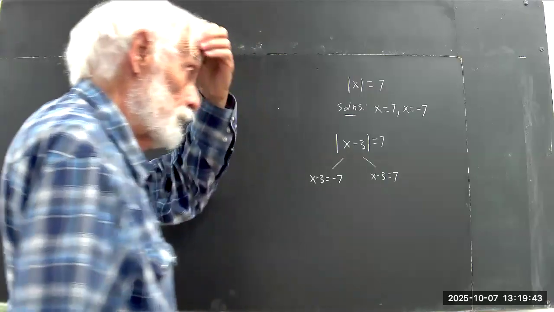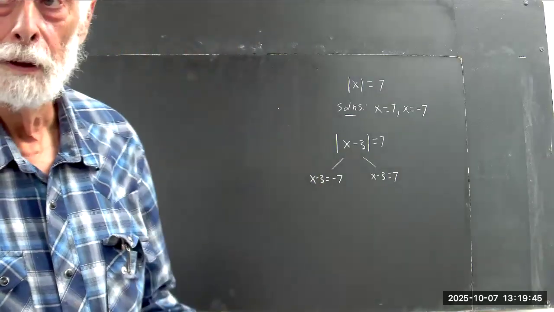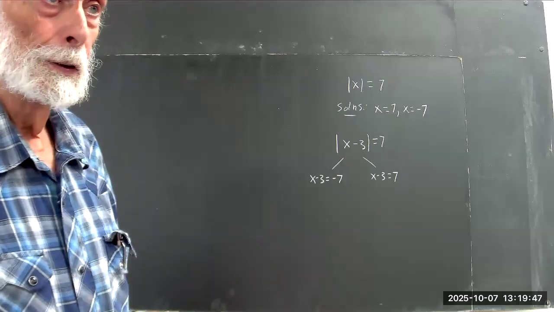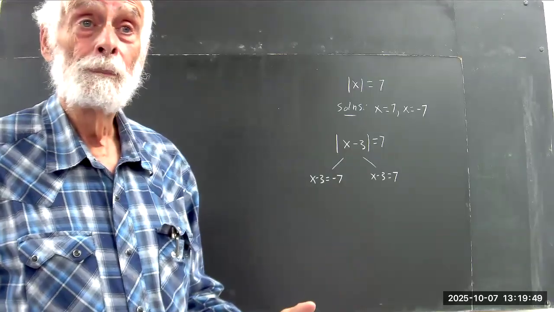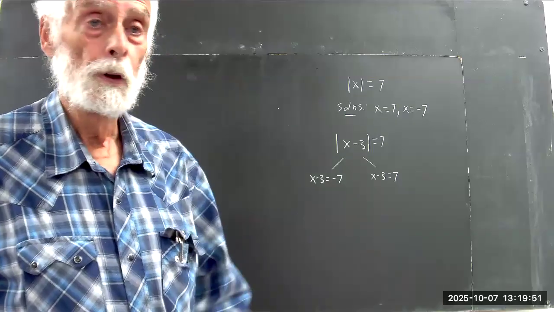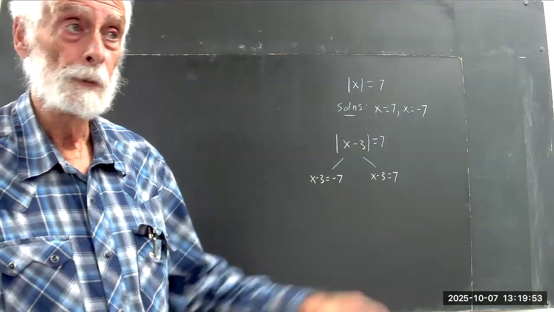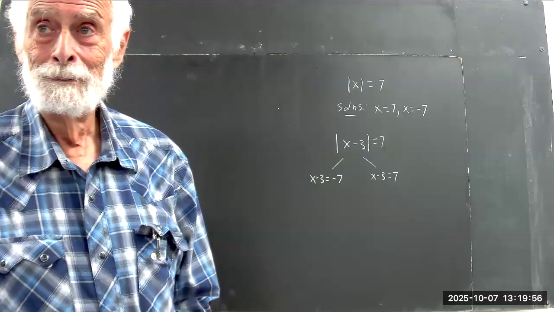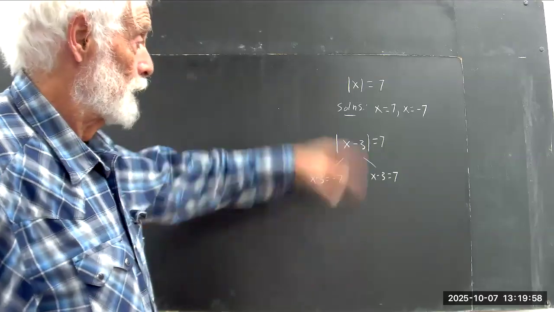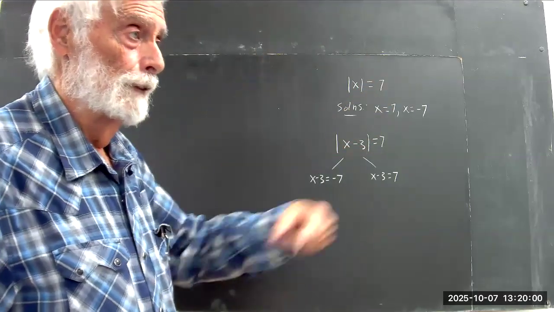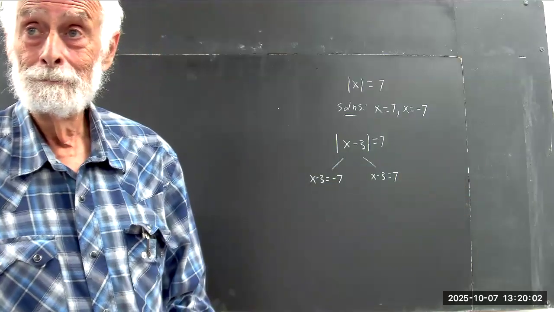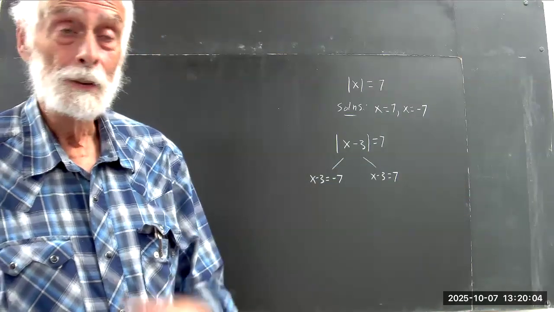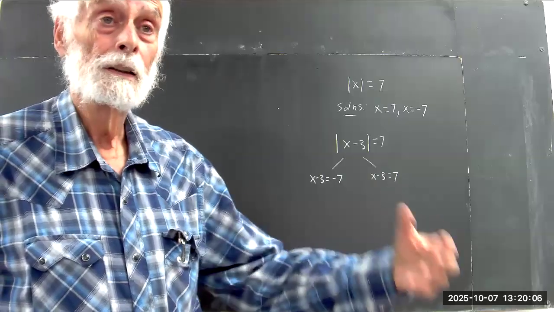So we're going to do a few of them. You're going to get used to it. Open Math will explain it and get you used to it. It's pretty easy to understand, but for some reason, it's so easy to understand that people do the homework, get it right, and then never do an absolute value equation right again. They get to the test and they just take the absolute value signs off and solve x minus 3 equals 7. I see it again, and again.